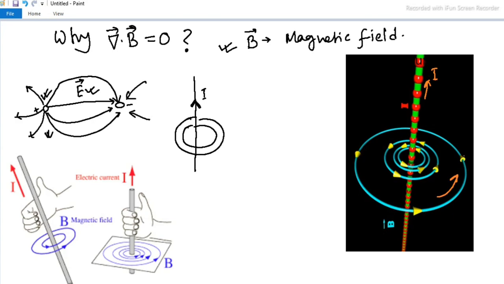Now what will be the direction of the magnetic field? You can simply use the right hand thumb rule. Suppose this is the right hand, and this thumb points in the direction of current.